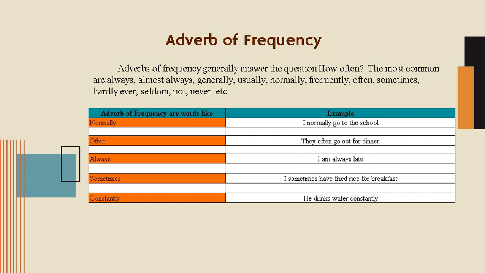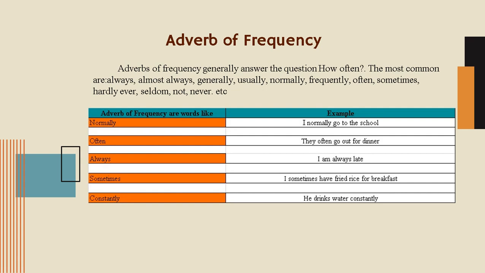Fourth, adverb of frequency. Adverbs of frequency generally answer the question how often. The most common are always, almost always, generally, usually, normally, frequently, often, sometimes, hardly ever, seldom, not, never, and others. For example, normally.